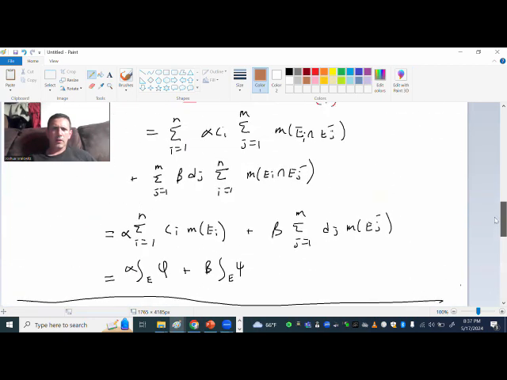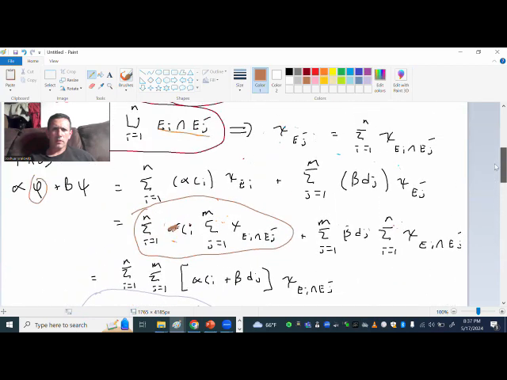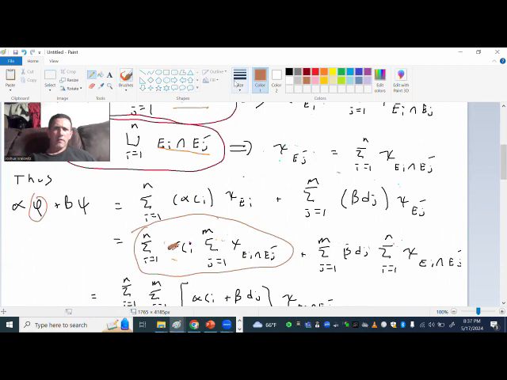And the same thing you can do for psi. So I'll do this in green.